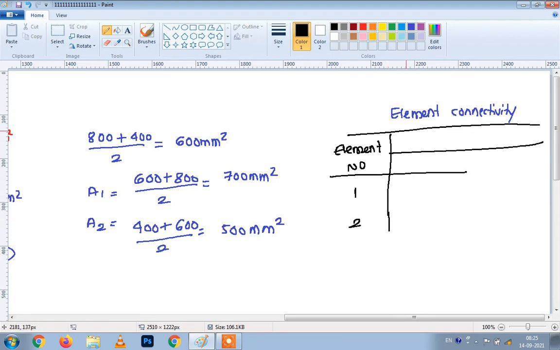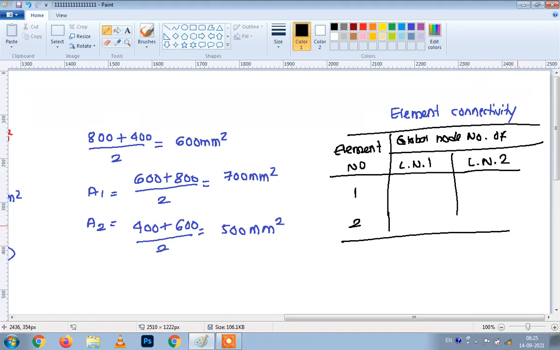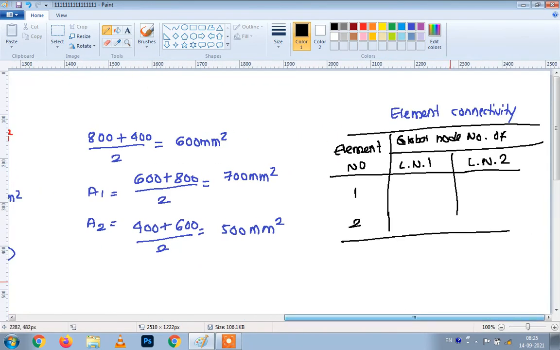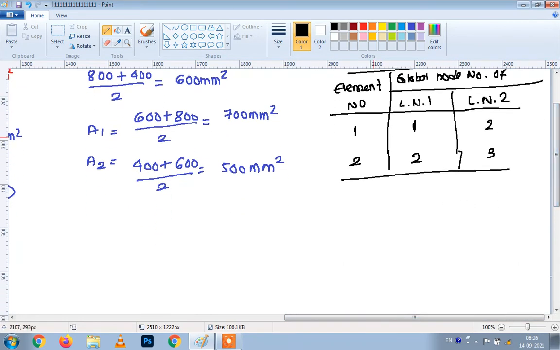Now we have to write down the global node number of local node 1 and local node 2. If you observe here, element number 1 is connected between 1 to 2, and element number 2 is connected between 2 to 3. So we have got our element connectivity.